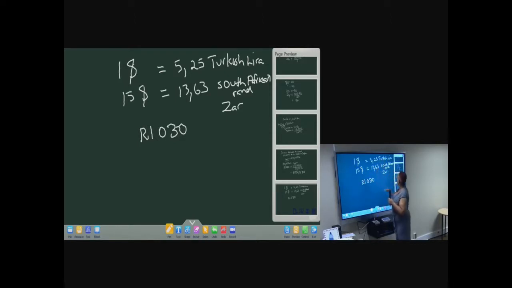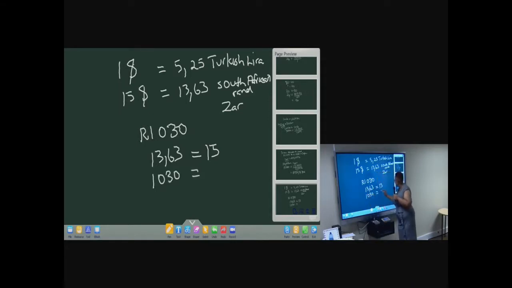So now, what do you want? You want your dollar. So your dollar needs to be on your right, and then you will have your rand on your left. Then you will have 1030. And I told you what you do.